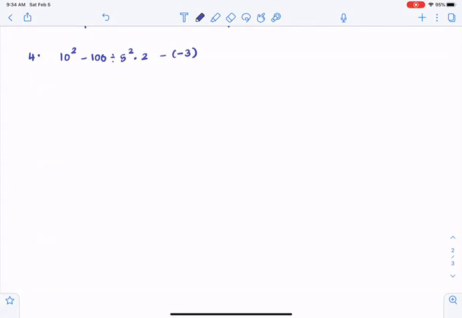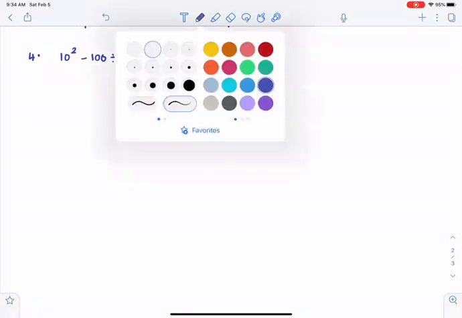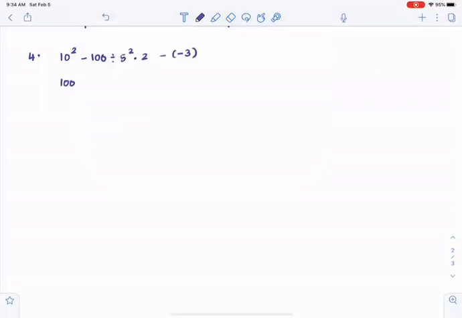It's just the number -3. So no need to worry about the parentheses part. I do 100 minus 100 divided by 25 times 2 minus times minus. Well, let me not skip that step. And that's what we would have.